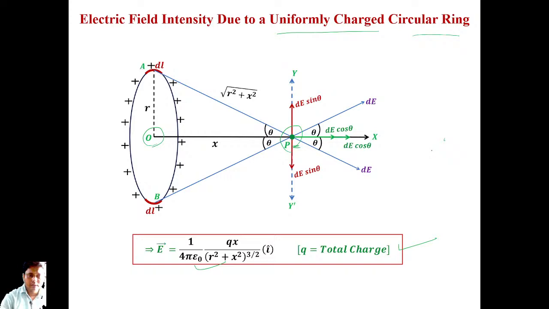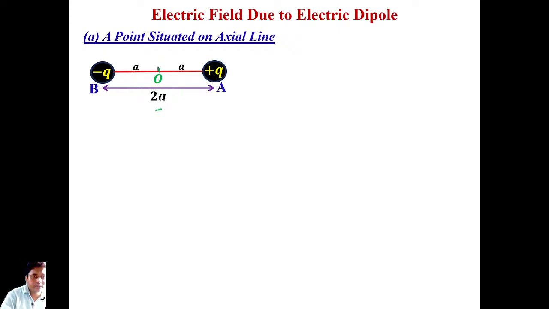In today's class, we are going to discuss electric field intensity due to an electric dipole. First we discuss it on the axial line, then we go for the equatorial line. For that we consider an electric dipole, where two opposite charges are separated by a distance, suppose 2a, and this is the middle point of the dipole. Obviously, the distance B to O will be a and O to A will be a.